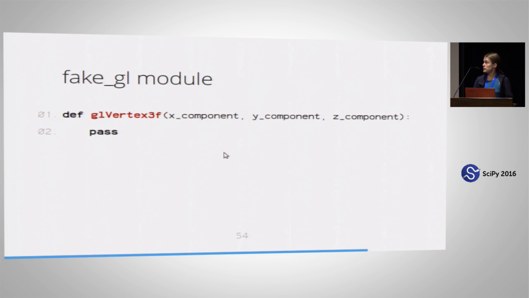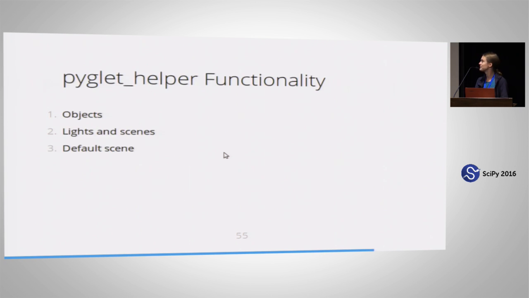And then in the fake GL module, I have the function primitives, but they don't do anything. This is kind of cheating. However, right now my goal of testing is not really to test whether things rendered correctly, but just to test that the math is correct and that the API is correct. And if someone ever answers my Ask Ubuntu question, maybe I'll actually test that it renders correctly as well.